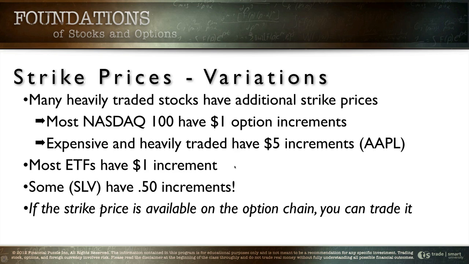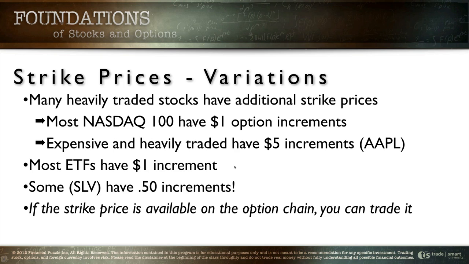However, about 3 or 4 years ago, we started seeing $1 strike prices. It started off with just a few stocks, if I remember, Starbucks and Microsoft were some of the first to come to market with $1 strike increments. And then we started seeing more and more. Now, as far as I know, almost all of the NASDAQ 100 have $1 increments, at least in the cheaper price range.